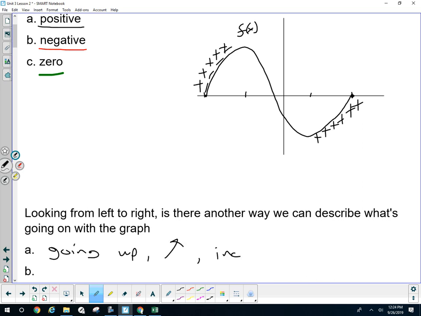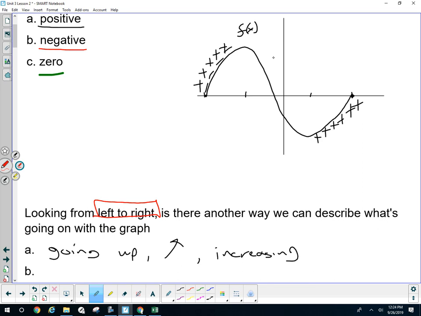It's increasing. Now, what's very important about this concept of going up is that we are looking at things from left to right. We're in America. In America, we read things left to right. We don't go up or down or right to left like other countries do. We go left to right.